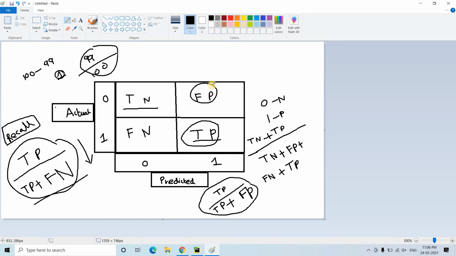Now suppose in this particular context, FP, that is, actually the mail is not a spam mail, but our prediction outcome is telling it is a spam mail. At that time the false positive will increase. Okay, if more of this kind of thing happens, so if false positive increases, this particular whole term will reduce. Okay, and then the data scientist or machine learning engineers should take care of the model training part and try to improve this particular factor.